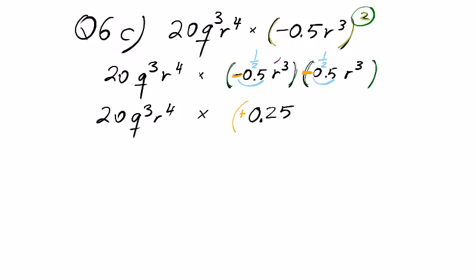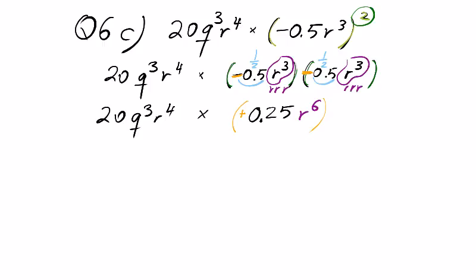And then the last thing we need to do is multiply the powers of r. So r cubed times r cubed, imagine r multiplied by r, we just have r to the power of 6. Done. So the square of negative 0.5 r cubed is a positive 0.25 r to the power of 6.